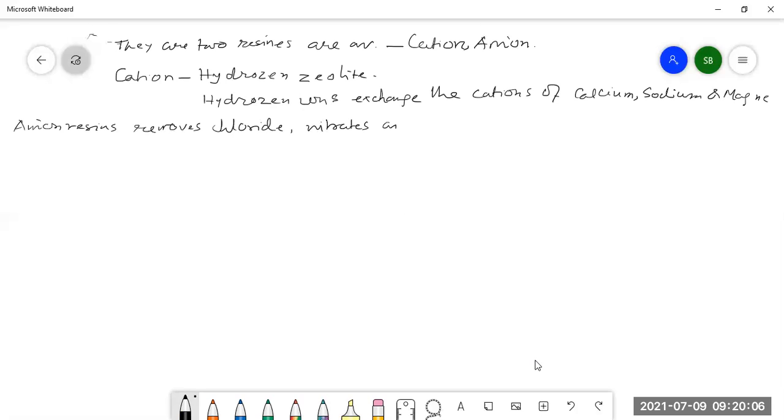Both processes are reversible in nature.